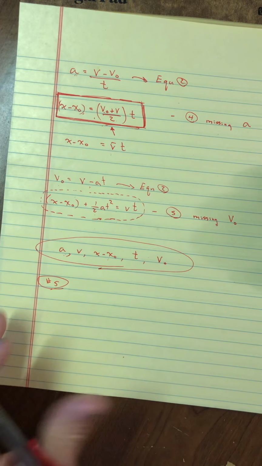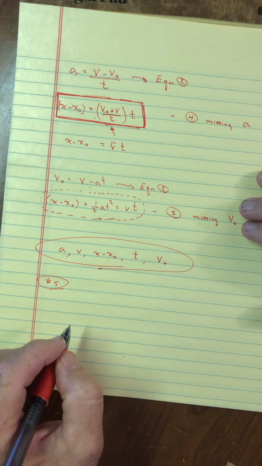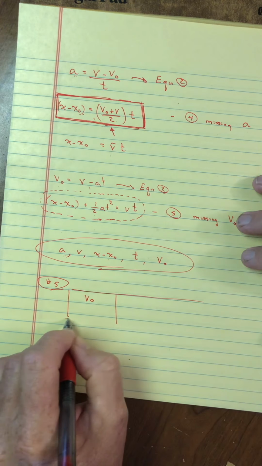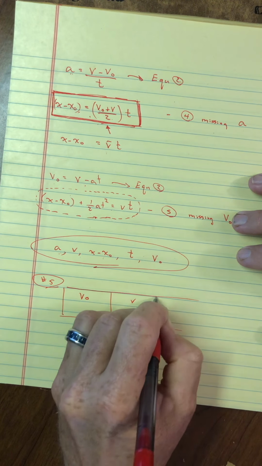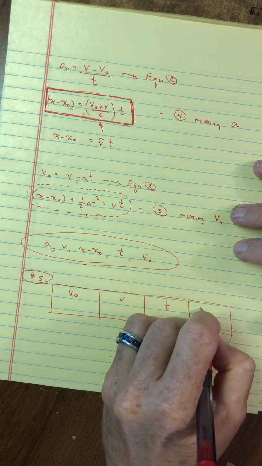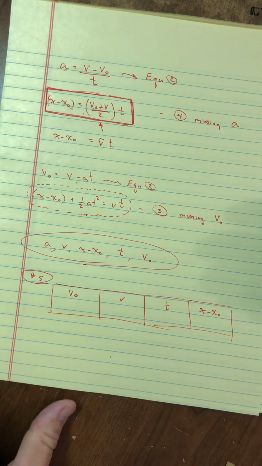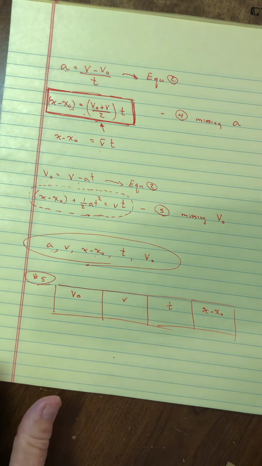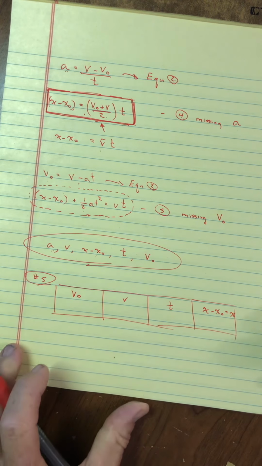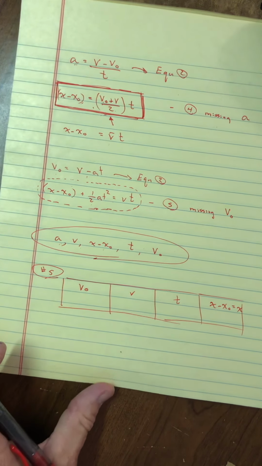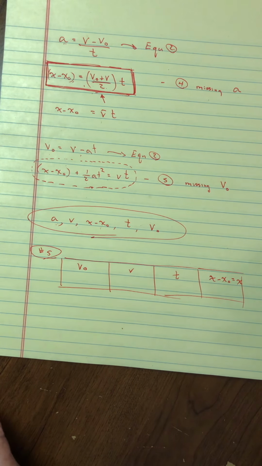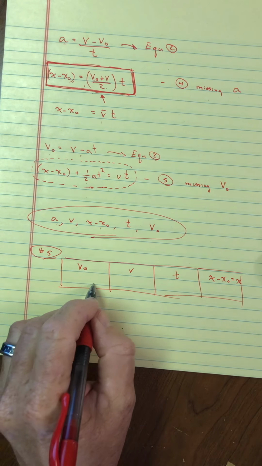I didn't print it up, so I'm just going to write it here. In this little box it says V naught, V, T, and X. It just says X, but I think what the author means is calling 0 position X equals 0, so this is just equal to X. The problem reads something like this: an airplane begins with an initial velocity, and that's not given.